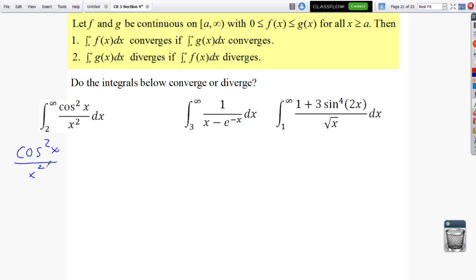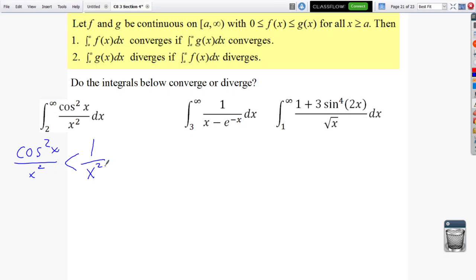If you increase the denominator, you decrease the quantity of the fraction. If you decrease the numerator, you decrease the quantity. All that gets to say is cosine squared, we know that cosine runs between -1 and 1. So cosine squared has to be less than 1. Since the numerator is less than 1, the fraction would be less than 1 over x squared.